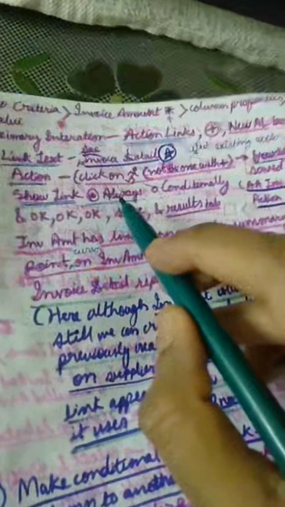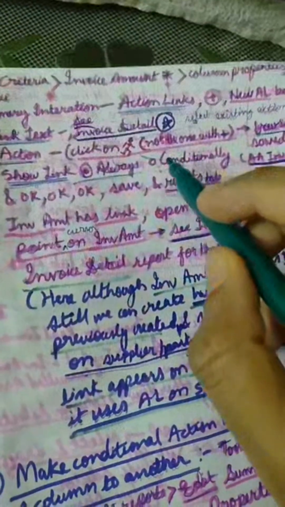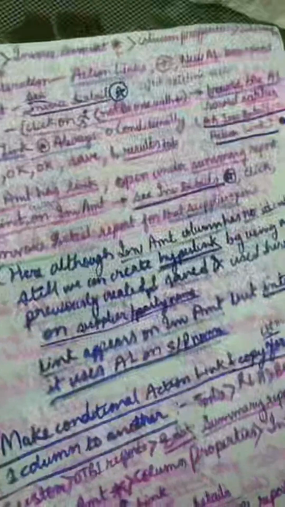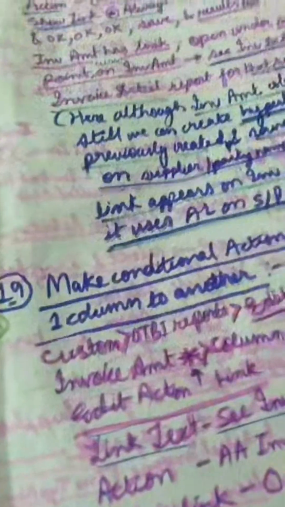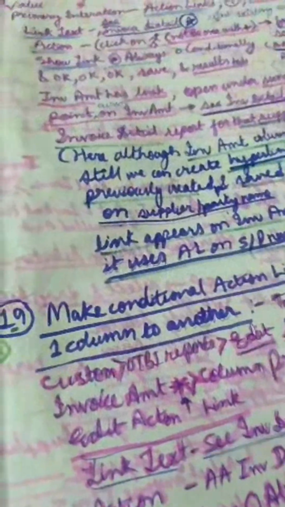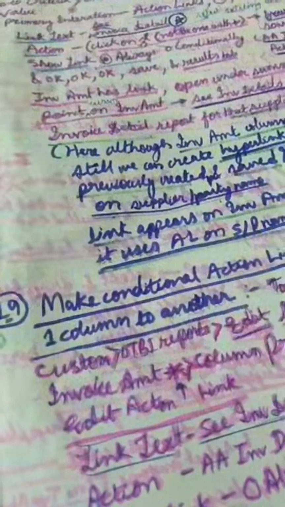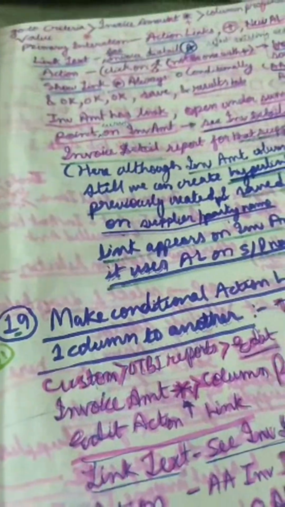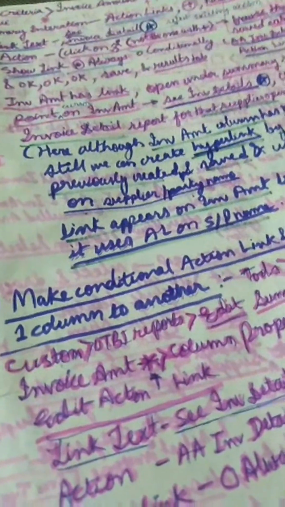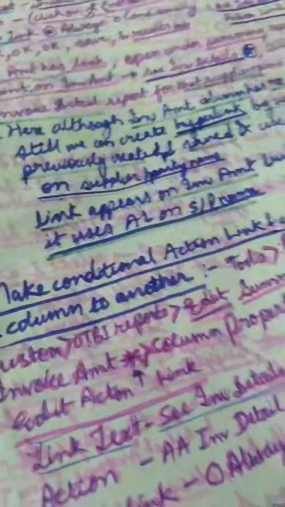The third and last one is the conditional action link. Here in show link we have always selected always. Instead of that, we will set a condition. If the XYZ condition is fulfilled, then only my action link is present for each entry of my supplier, or whatever column name I choose as the link value to be displayed.